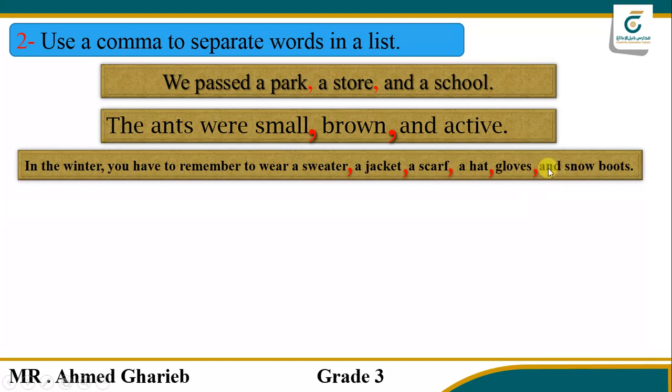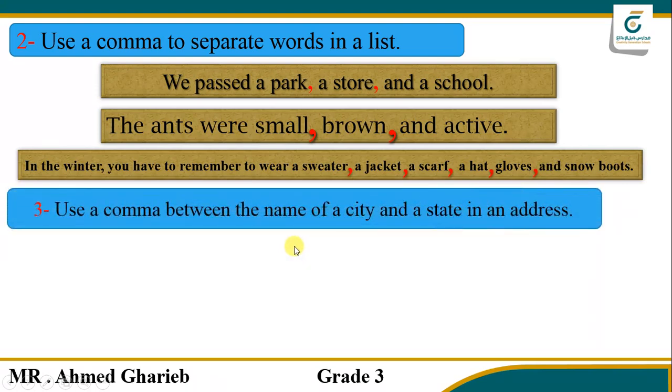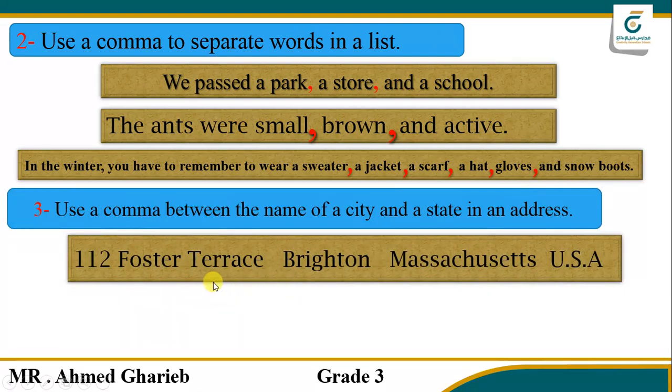Okay? Comma and. Right. Also, we can use a comma between the name of a city and a state in an address. If you remember in our selection, do you remember this address? It's Jangmi's address in America. 112 Foster Terrace, Brighton, Massachusetts, USA.